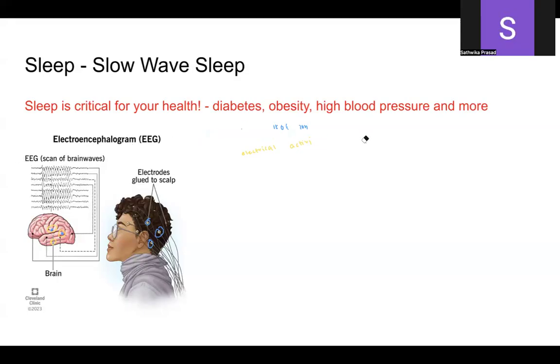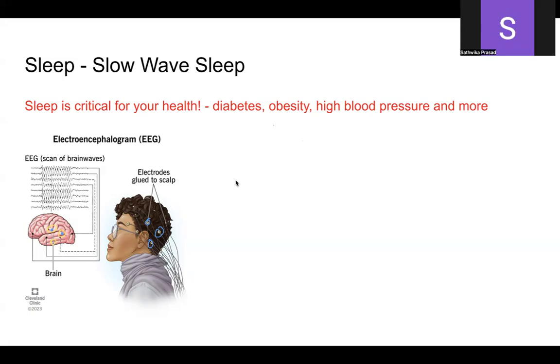So I'm just going to erase this. Why that's important is because EEGs are really important to understanding brain states. In other words, based on the waves in the EEG diagram, what that shows is basically how neurons are being activated and deactivated, which tells us a lot about their state, right?